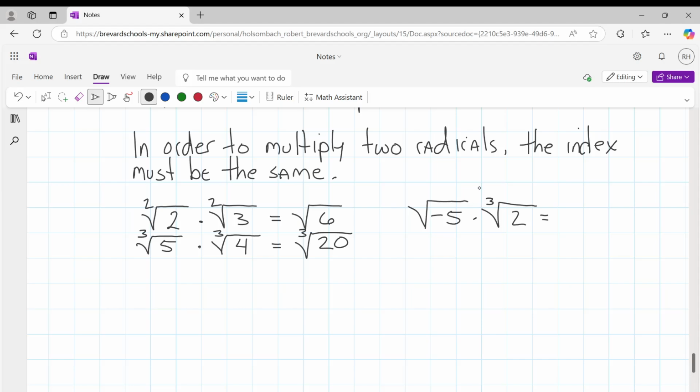So I believe that cannot be simplified. Index must be the same.